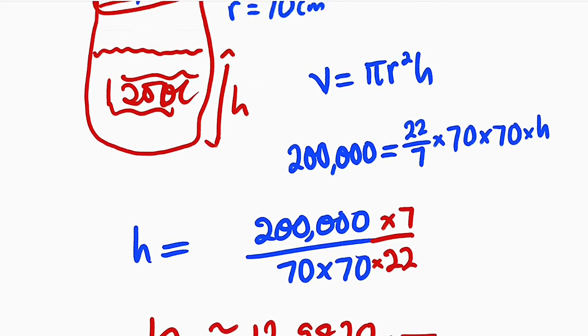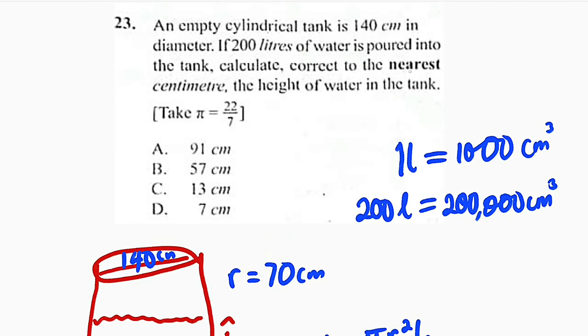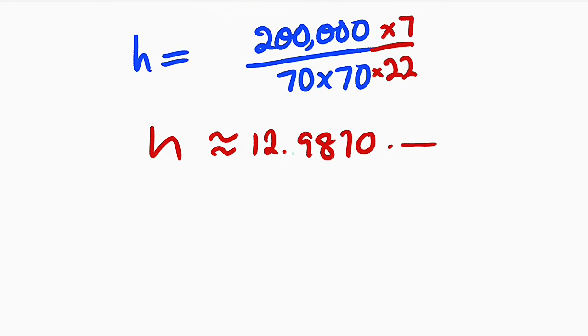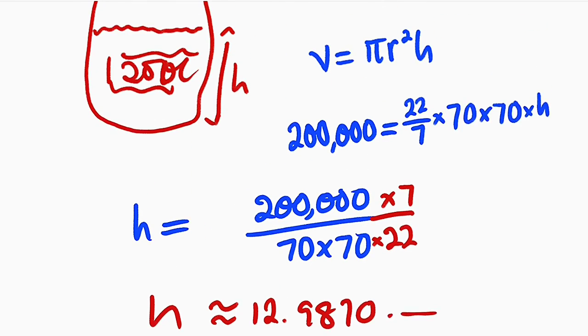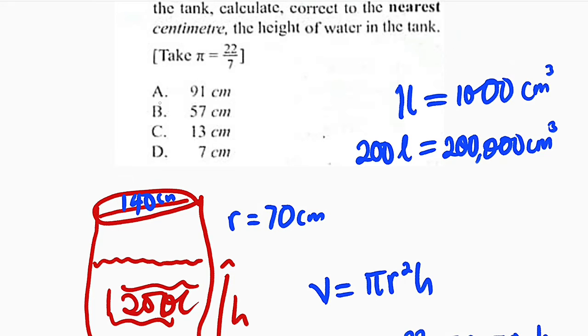This is h. But they said we should write it to the nearest centimeter. So if you round this up, you're going to have h to be equal to 13 cm. And let us find it here. We have it as option C.